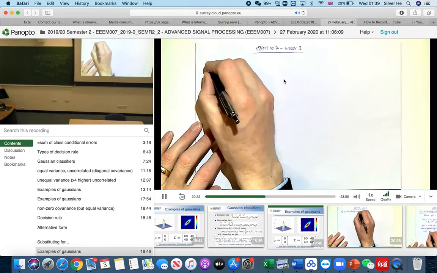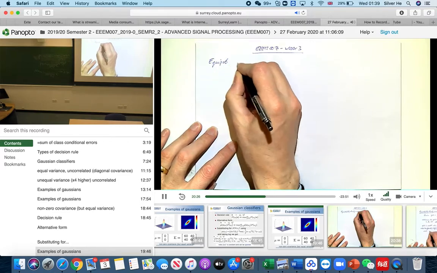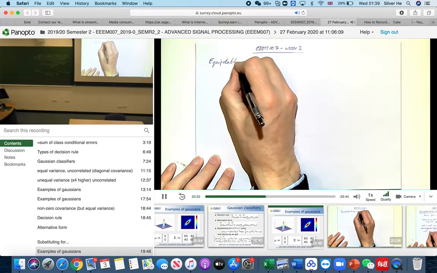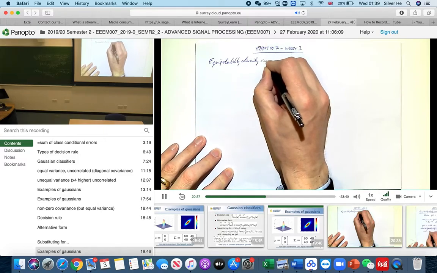So let's look first at the equiprobability density curves.